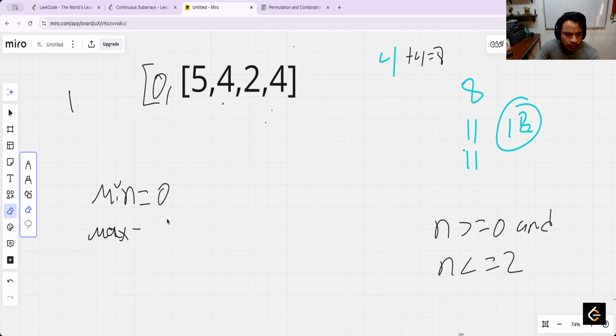Okay, at the beginning we have 0 and 0, we have 1. Now move to the next is 5. 5 is greater, the difference between this and the min is equal to 5.